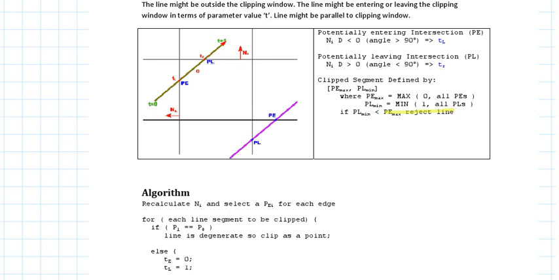Just look at this example. Let me draw one line. If you look at this line drawn by me, you can see that this line is parallel to this left edge and parallel to this right edge. So if you calculate the dot product between D and Ni with respect to this edge, then the dot product value will be 0.